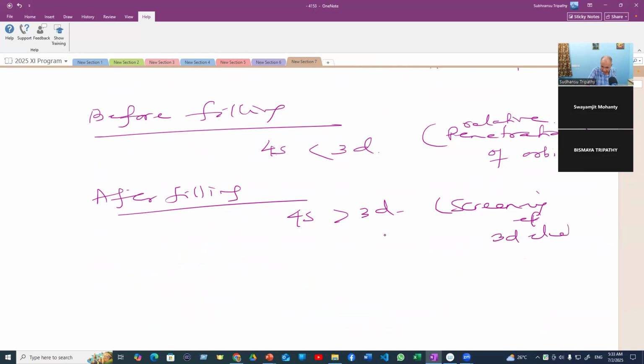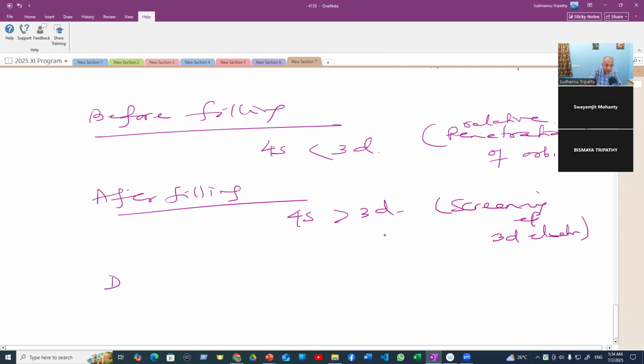Same thing happens with other transition series. 3d electrons now screen additionally the 4s electron, so that more is the screening, more is the energy, and hence 4s will acquire higher energy.